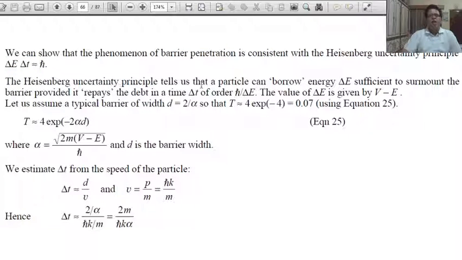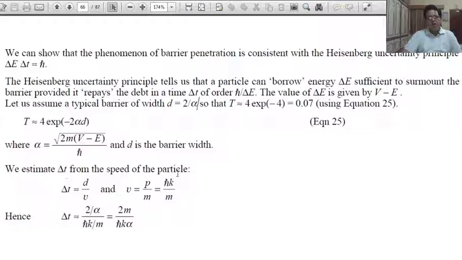The Heisenberg uncertainty principle tells us that particles can borrow energy delta E sufficient to surmount the barrier provided they repay the debt in a time delta T, that is of the order of h cross upon delta E. The value of delta E is given by V minus E. Let us assume the potential barrier width d equals 2 upon alpha. Then T equals 4 exponential minus 4, which is 0.04, and T is approximately 4 exponential minus twice alpha d.